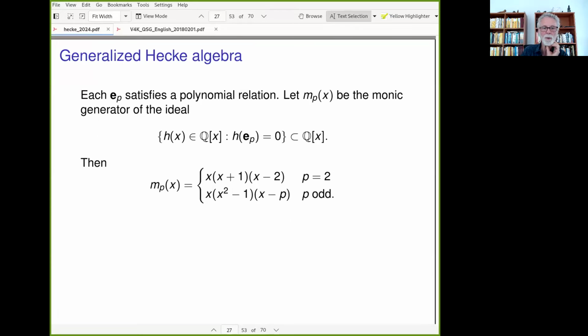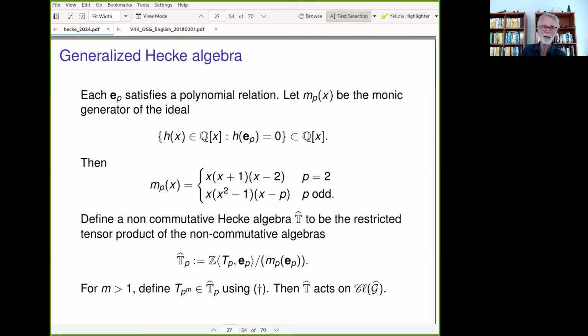All right, so I'm going to skip this slide. I'll say a little bit. The EPs satisfy algebraic relations. They're written down here. At the moment, it's not playing a huge role in the theory, but it's interesting to write down this non-commutative Hecke algebra. So I'll set T_P hat to be the free associative algebra generated by symbols CP and EP.